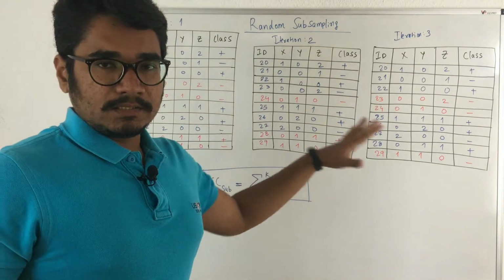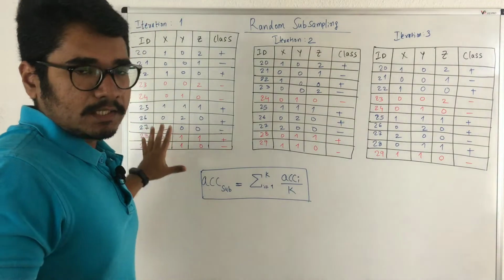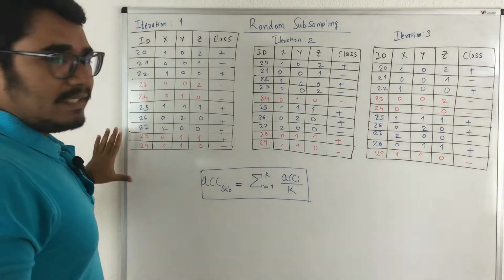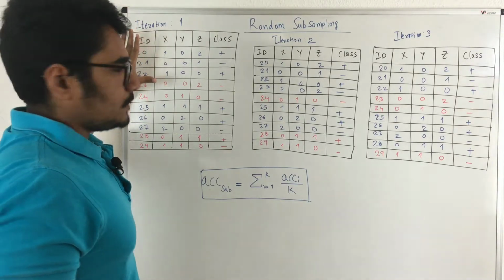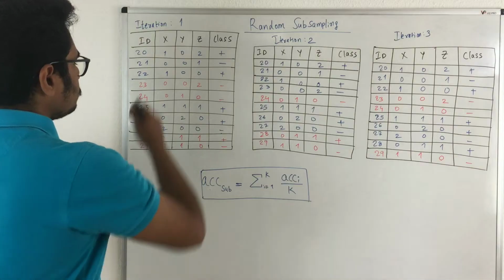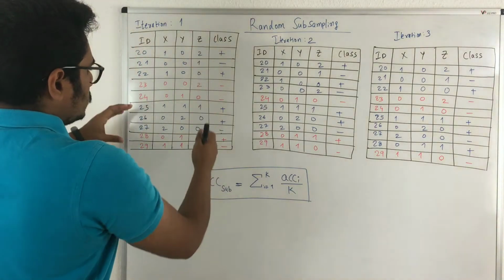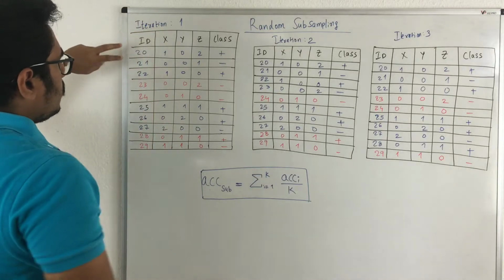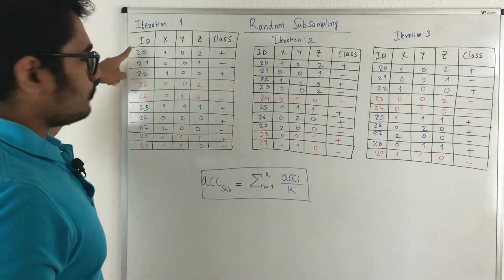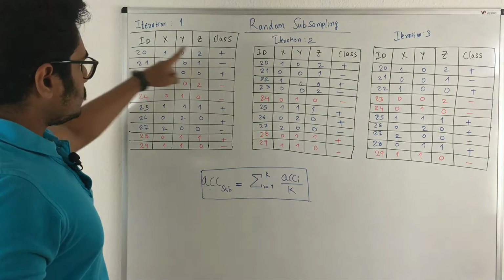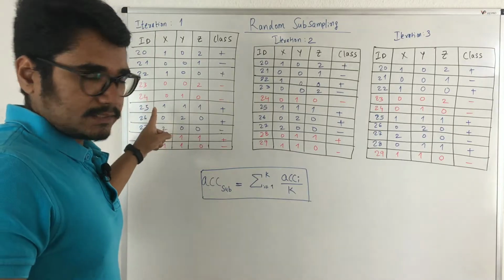So let's consider this example. What basically happens is that you have this data set. Just consider 10 instances in this, and this is the very first iteration. In each of these data sets, I have considered two different colors for marking this. The blue color represents the training data, and whatever you see in red color is the test data.